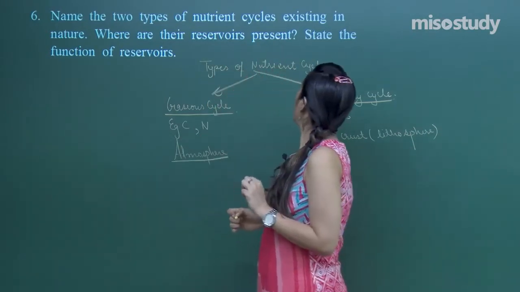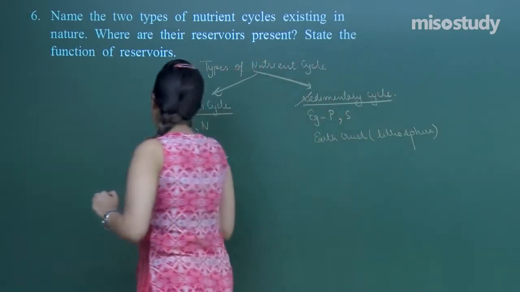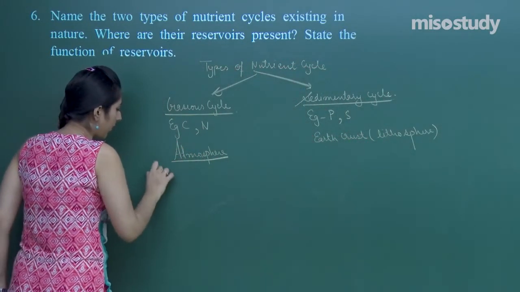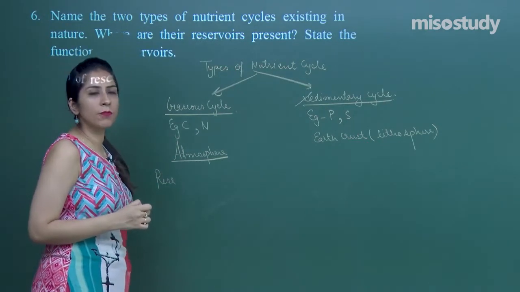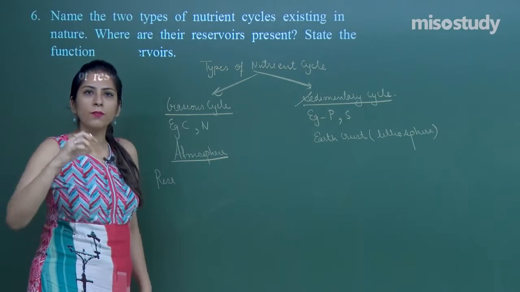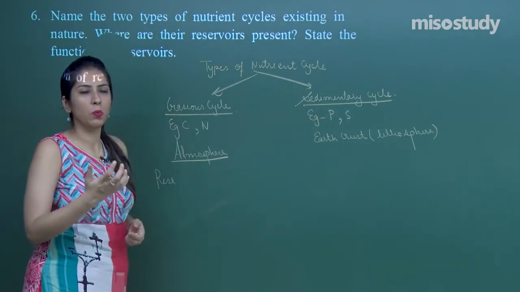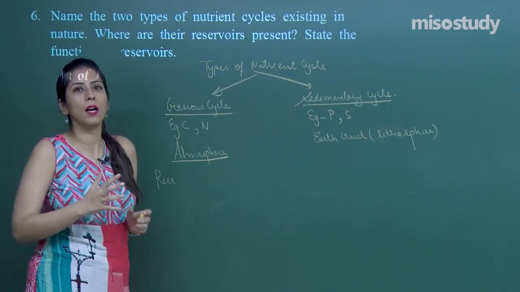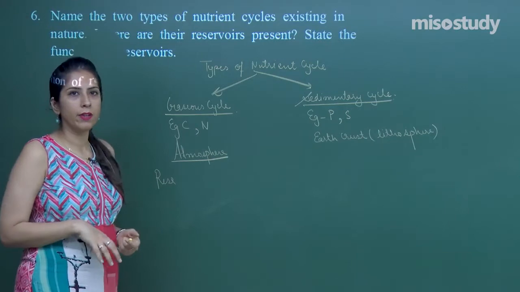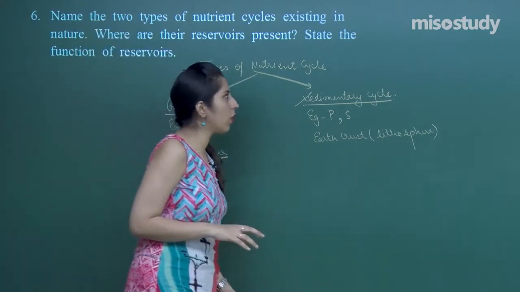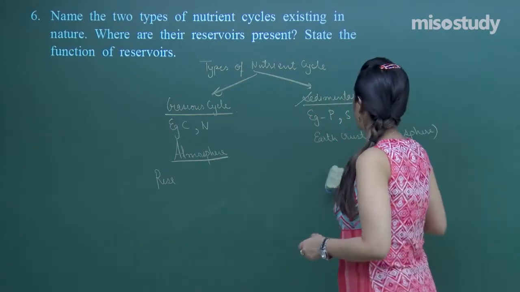Now, state the function of the reservoir. The reservoir basically acts as a source and gives us information regarding the influx and outflux. So, reservoirs become deficit whenever there is an imbalance in the influx and outflux. This is the function of a reservoir, right. So, this was question number 6. Let us move on to the next question.